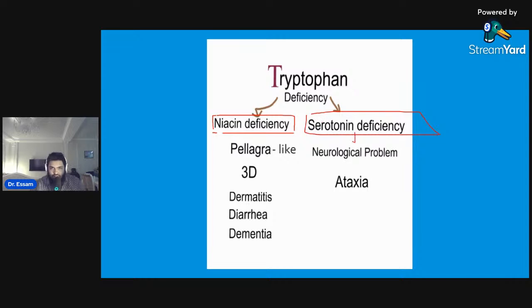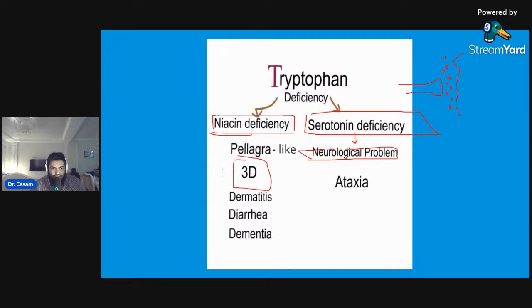Because of serotonin deficiency, there will be neurological problems. Why? Because I just showed you in that slide that in the pre-synapse, the neurotransmitter was serotonin, if you remember. Okay. So neurological problems will be caused because of lack of serotonin.